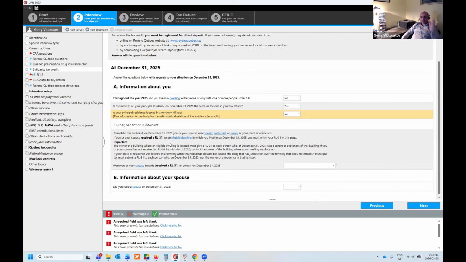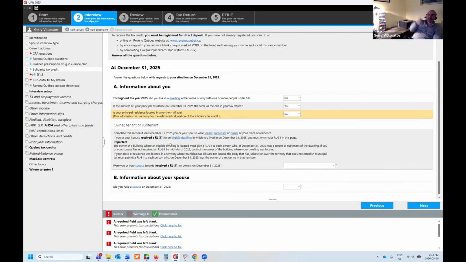That's the number you will need to put into the application. If you're a tenant, the owner owes you a specific slip called the Relevé 31. Relevé 31. Okay? And that Relevé is going to have a code. And it's a unique code per tenant. Okay? That is given to you. And you simply plug the code directly into this questionnaire, but you need that code.